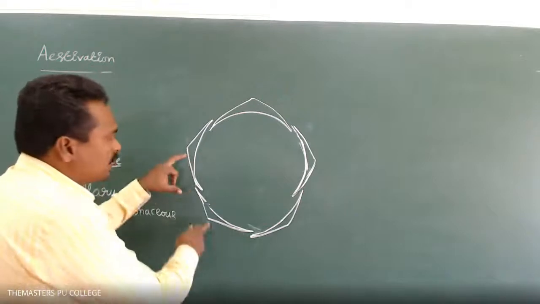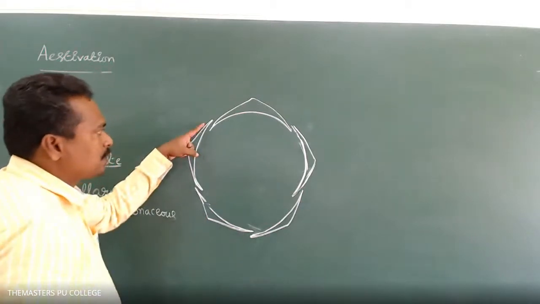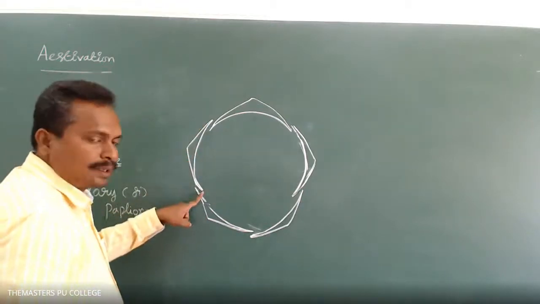In the rest of the three members, one edge is present outside and the other edge is present inside.